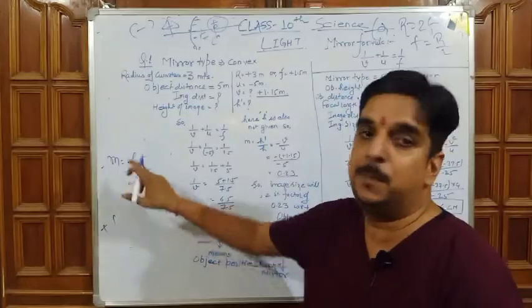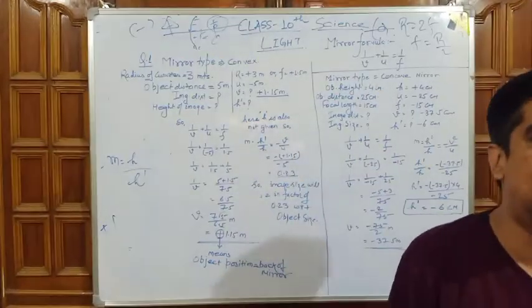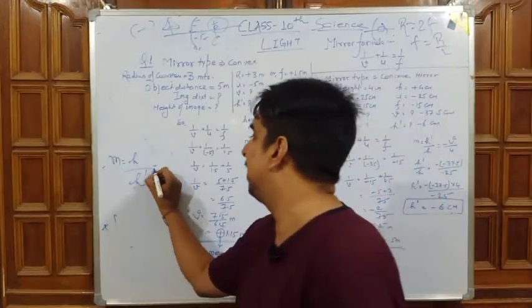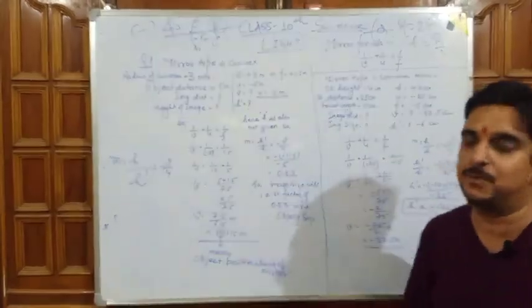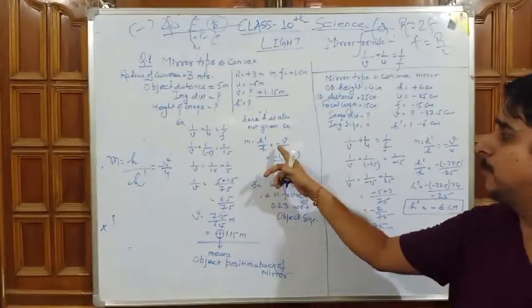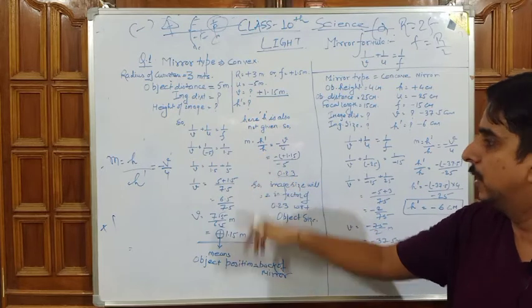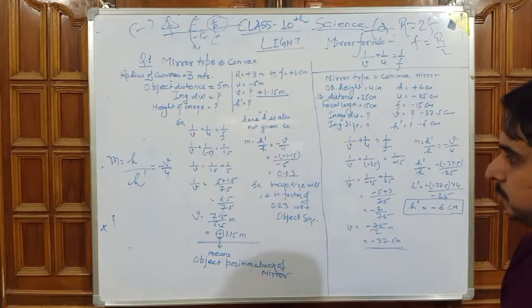So h will be known as height of the object and h dash will be known as height of image, or we can write it like minus v by u. So on the behalf of that, m is equal to h dash by h.